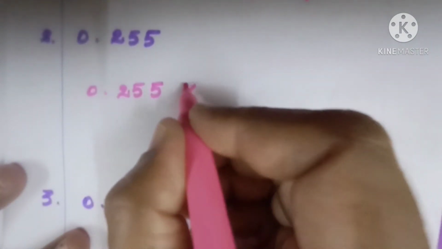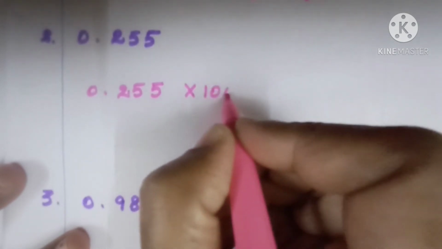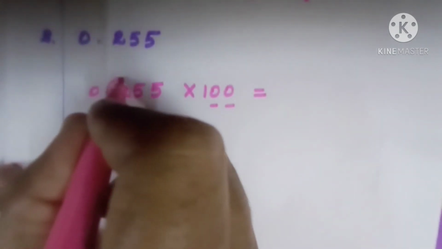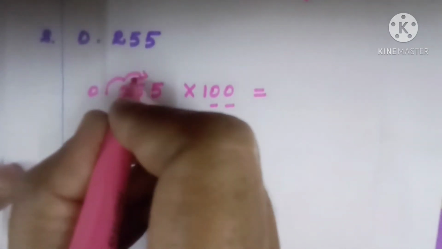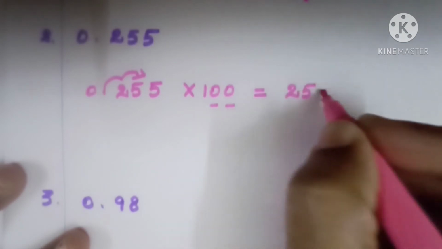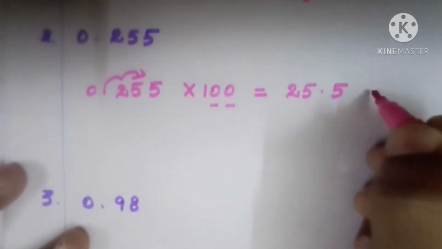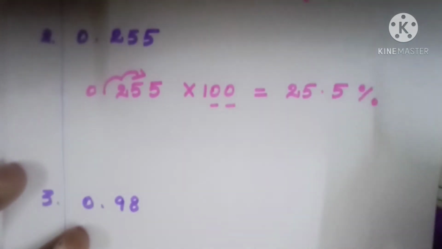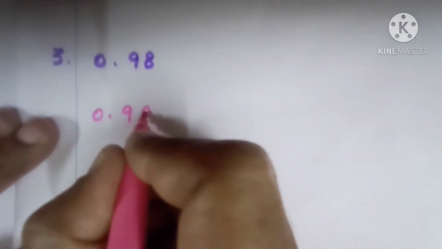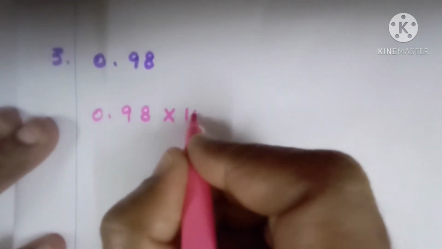0.255 to convert into a percentage means simply multiply the number by 100. It has 2 zeros, so move the decimal 2 places forward. So you get 25.5 percentage. 0.98, you have to convert into a percentage, simply multiply by 100.